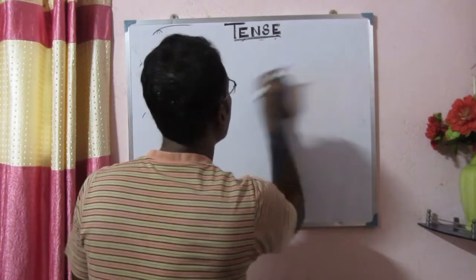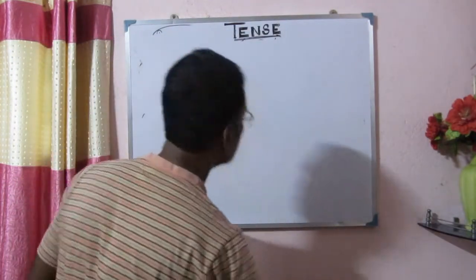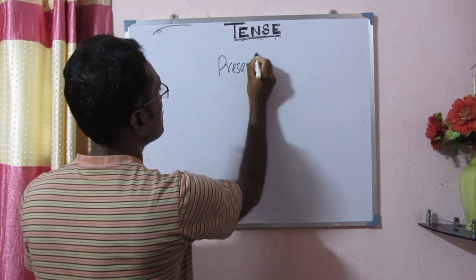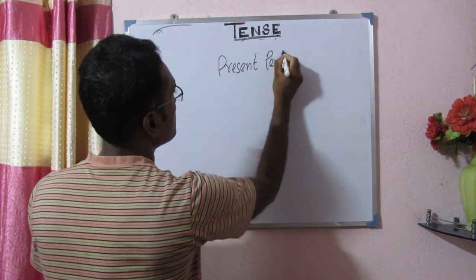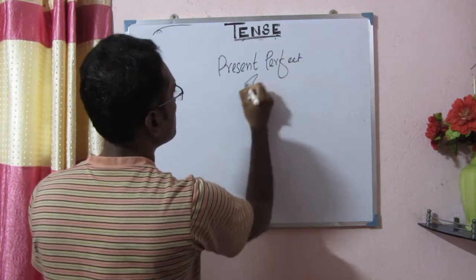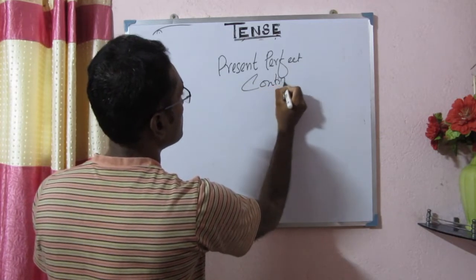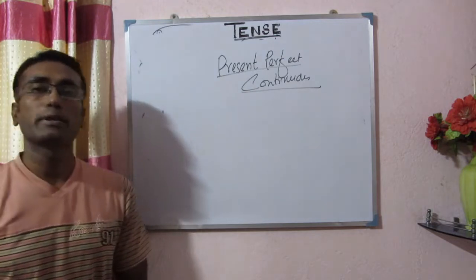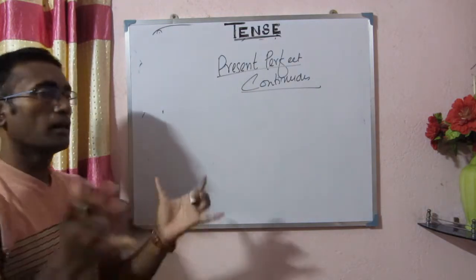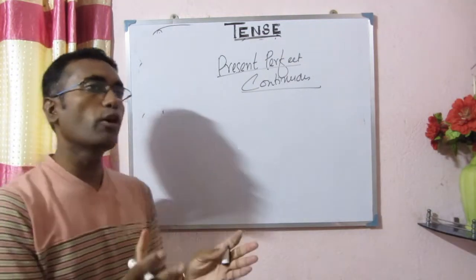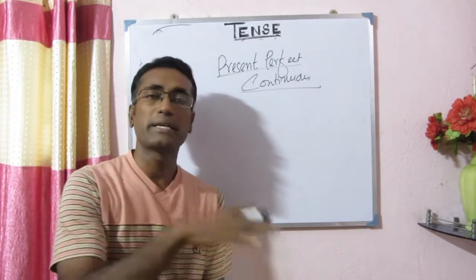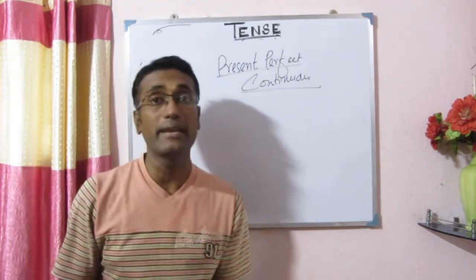Now present perfect continuous. What is present perfect continuous? When the action has been going on for a long time. It starts before, but till now it's continuing, it has not ended.